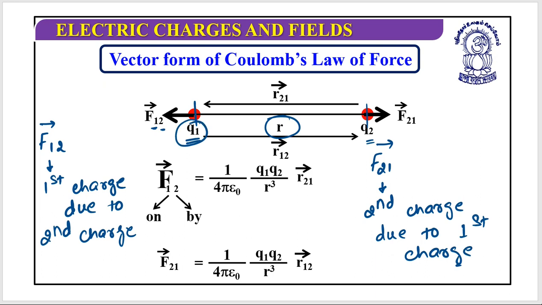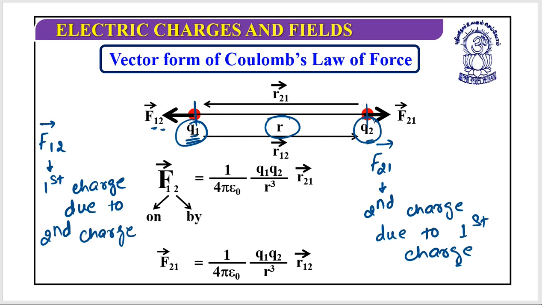Now look at this. This is q1, it seems positive. This is q2, it also seems positive. If both the charges are positive, do they have a force of attraction or a force of repulsion? Yes, absolutely correct. They have a force of repulsion. So when they have a force of repulsion, they will try to make the other charge move away from themselves.